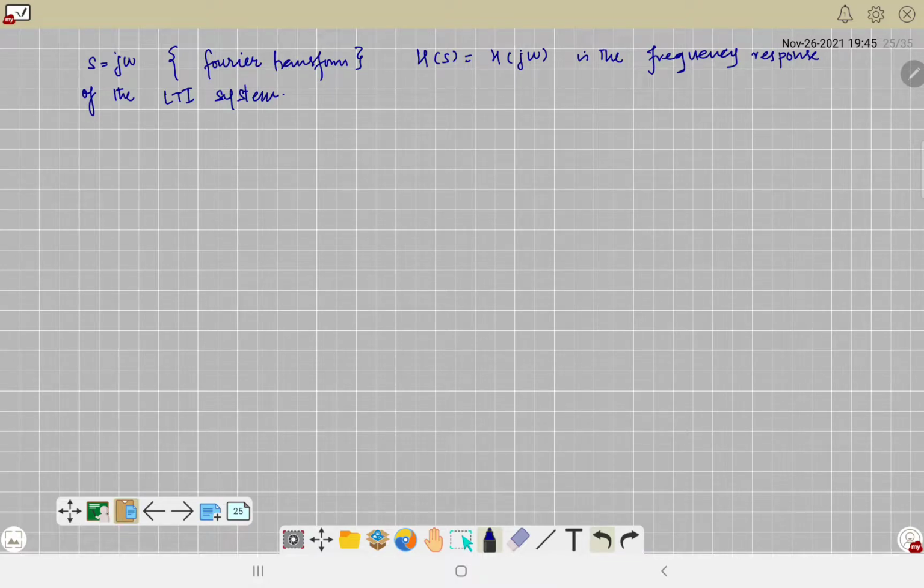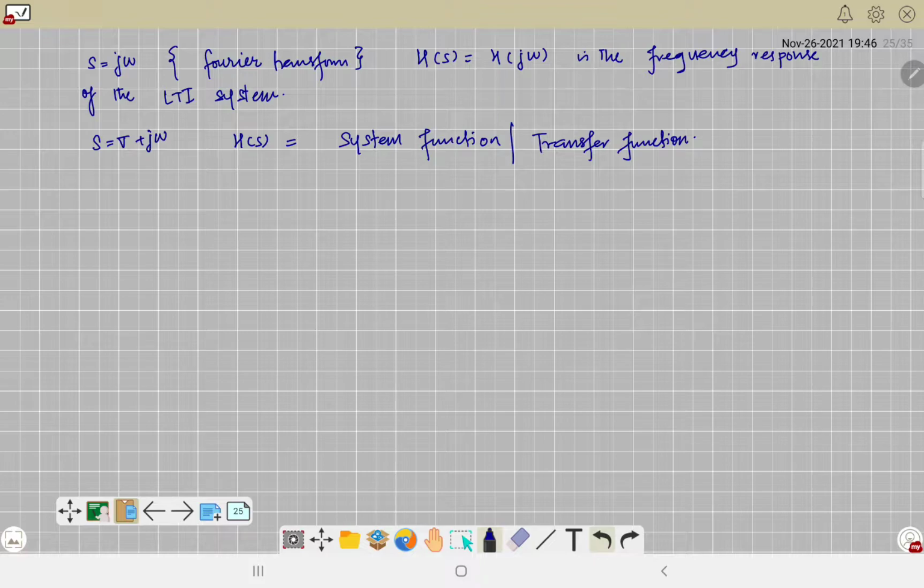But in a broader context, when you talk about Laplace transform where s is equivalent to some real part plus some imaginary part, then this H of s is referred to as the system function. Sometimes some texts refer to this as a transfer function. And this system function or transfer function can then be used to characterize an LTI system.